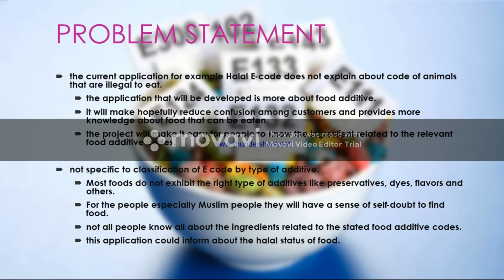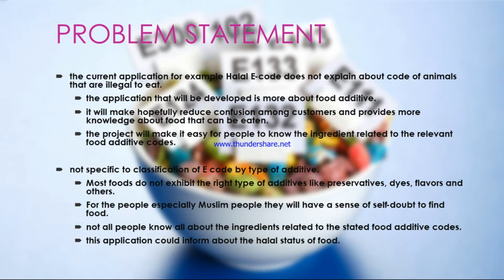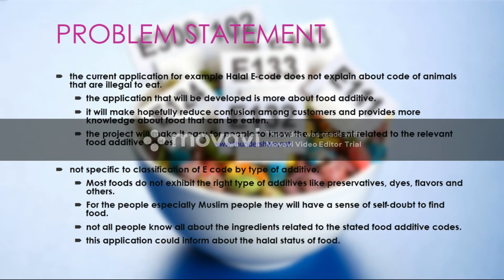Let's move to the problem statement. There are two problem statements. The first problem is that the current application, for example Halal E-code, does not explain about codes of animals that are illegal to eat.